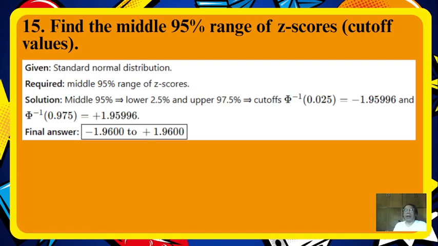So our cutoff is the inverse tau of 0.025 and the inverse tau of 0.975 is 1.956. So the final answer, the Z-scores are negative 1.96 to positive 1.96.